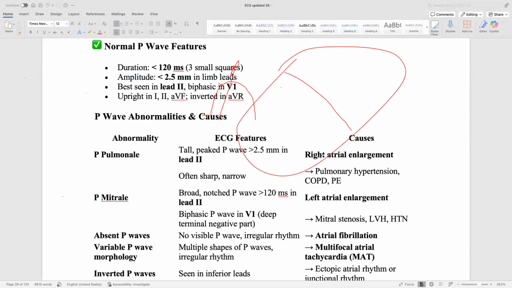The right atrium will be large if there is a block in the AV valve, or if there is stiffness in the right ventricle. And the right ventricle is stiff if there is high pulmonary artery pressure.